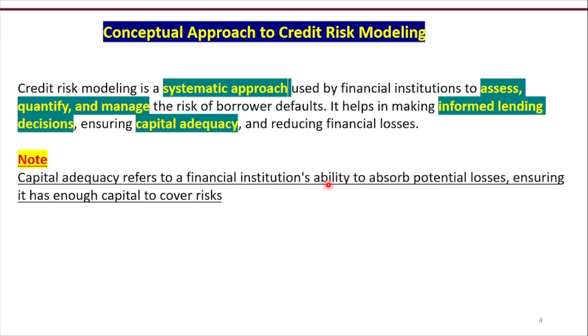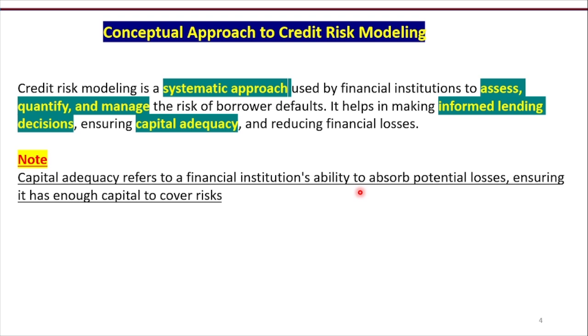Whose ability? The financial institution's ability to absorb potential losses, ensuring it has enough capital to cover the risk. If any organization faces any kind of loss, the institution must have the ability to absorb that loss.